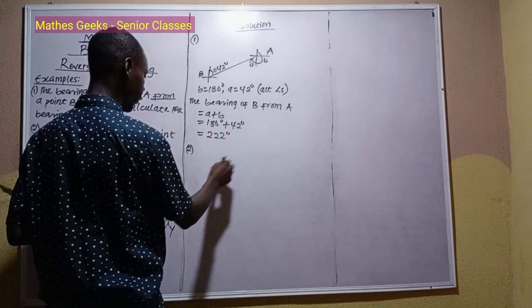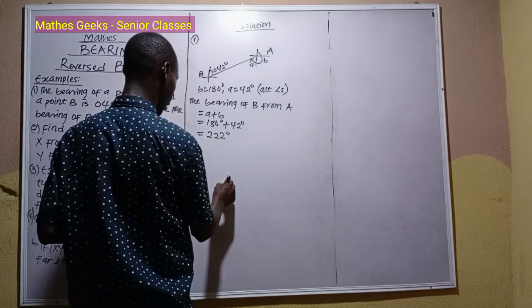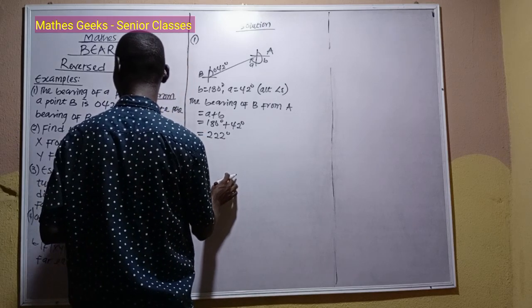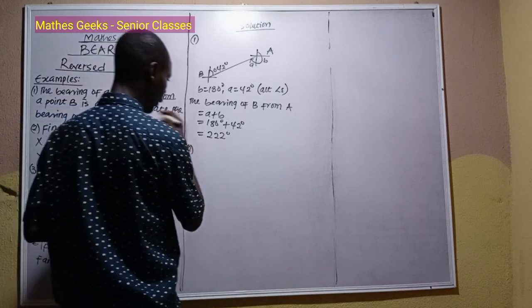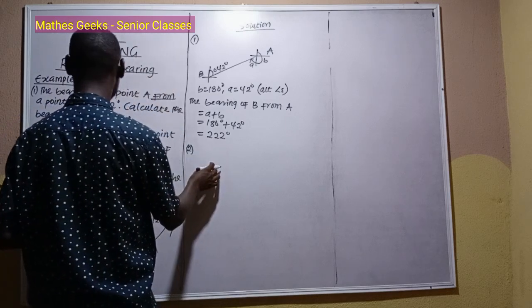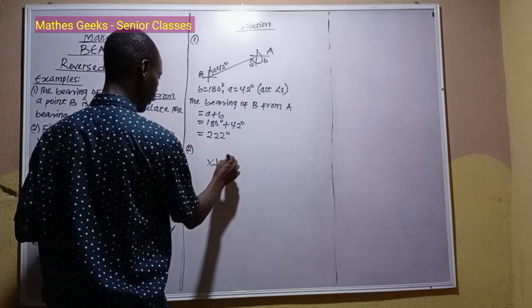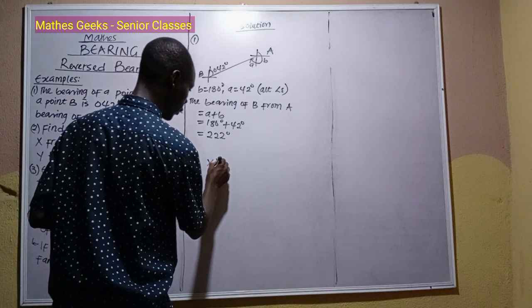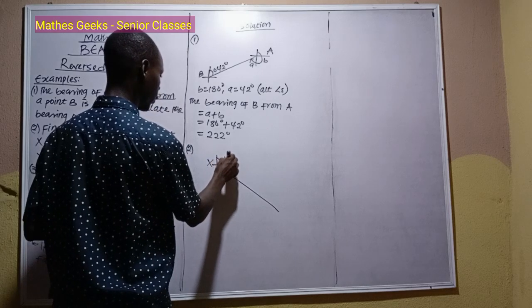Number 2. Find the bearing of a point X from Y. If the bearing of Y from X is 110 degrees, it will be like this.